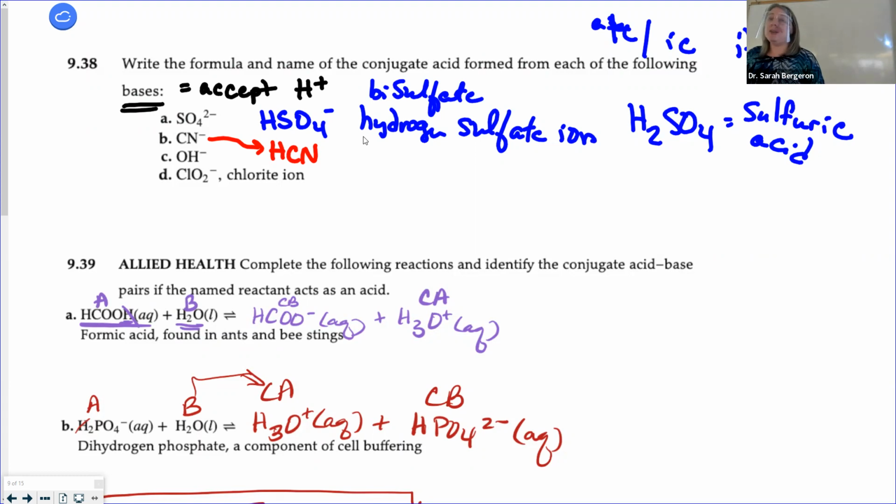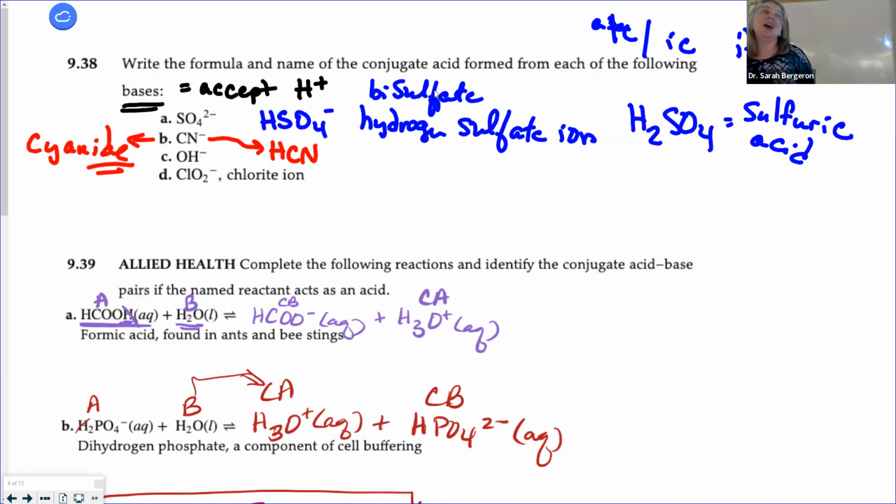So now how do I name it? Go to your polyatomic ion table. What is CN- called? This one is cyanide.